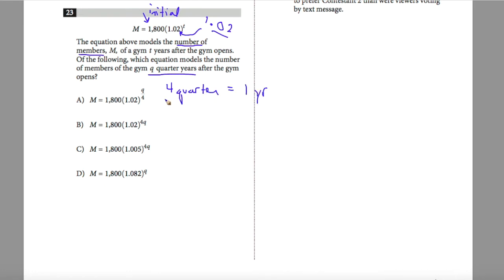A quarter is referred to as 1/4, and so I would need to be aware that my time is going to be affected by 1/4, and my initial amount and my rate increase would still stay the same. So I would need to have a 1/4 in my expression somewhere, and A is the only one that represents that. So q quarters, meaning that each 3 months equals 1 quarter, and I'll have 4 quarters in 1 year, or 12 months total. So A will be my best answer for question 23.